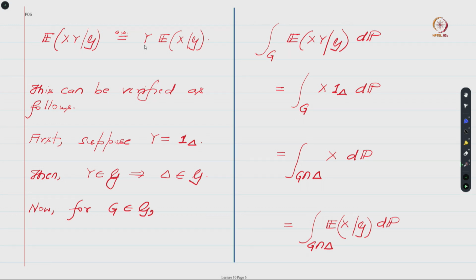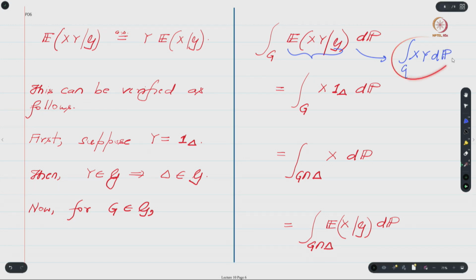The left hand side, that is the expected value of xy given g, when it is integrated with respect to this specific g in calligraphic g, by its definition, because this is a conditional expectation, must equal the integral of x y indicator dP over g. So, this is exactly what I have written over here by substituting that y equals indicator delta.